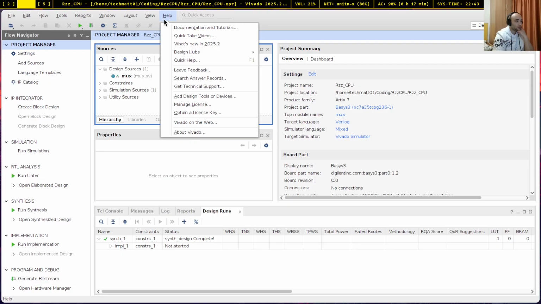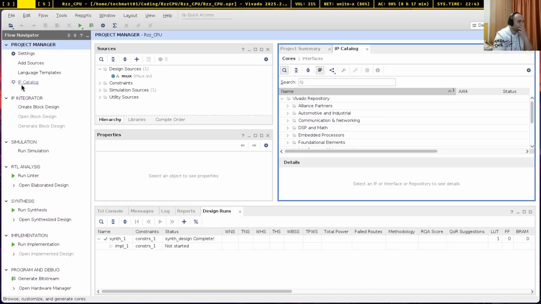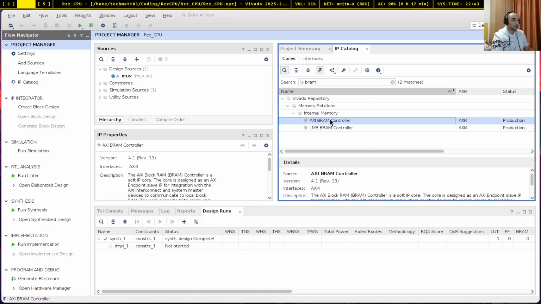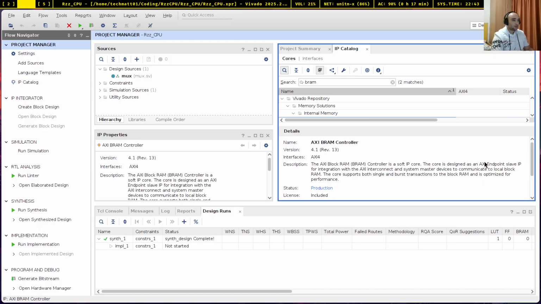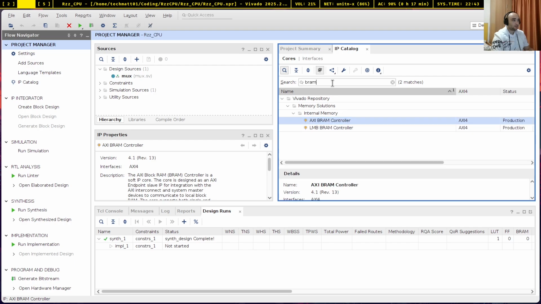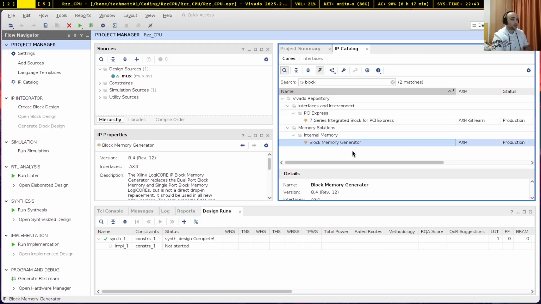It's not. I can go here actually. I can search for DRAM. Is it this one? No. I just want a block RAM. Block memory generator. Here it is.